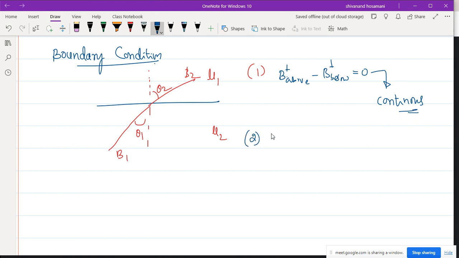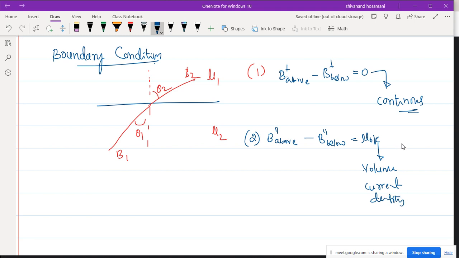Therefore we define B parallel above minus B parallel below is equal to mu naught K, where K is defined as the surface current density. J is the volume current density.